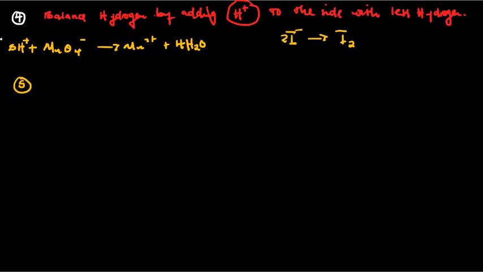So step 5, you balance the charge. How do you balance the charge? By adding electrons.